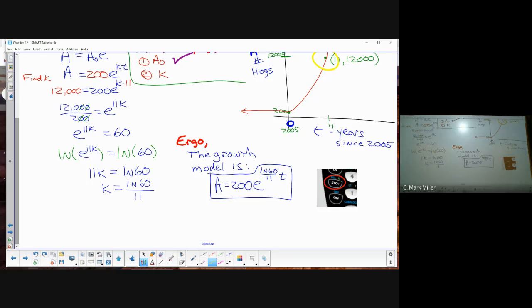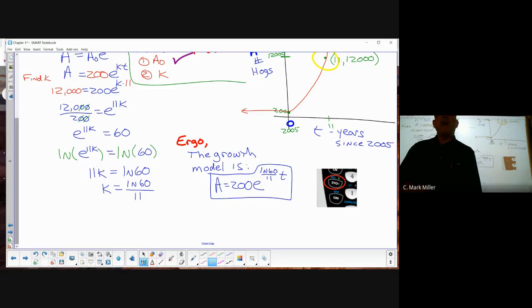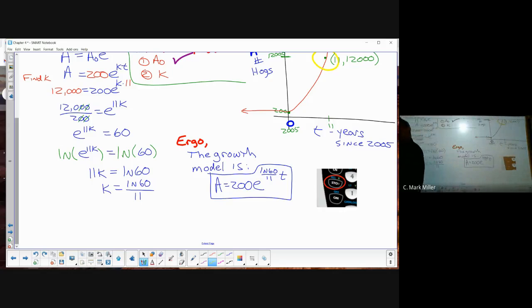We want to put this into our calculator, and we're going to do it in such a way that we do not round anything except our final answer. Do not round any value except your final answer, because when you round stuff and you raise it to powers and everything, that rounding error just goes haywire.